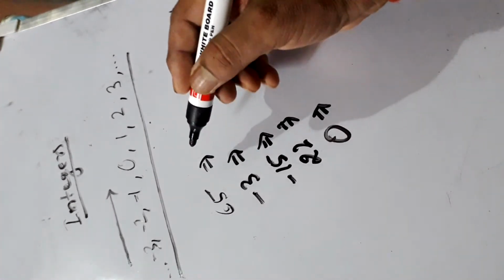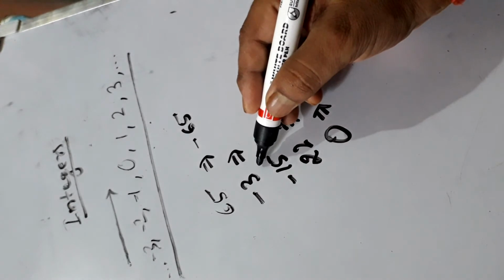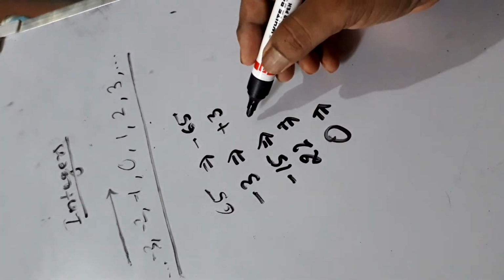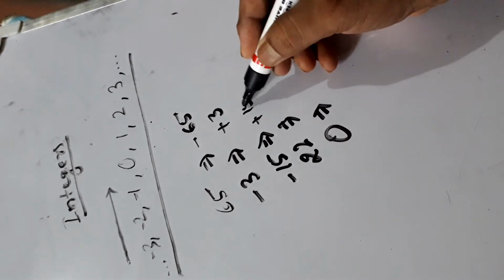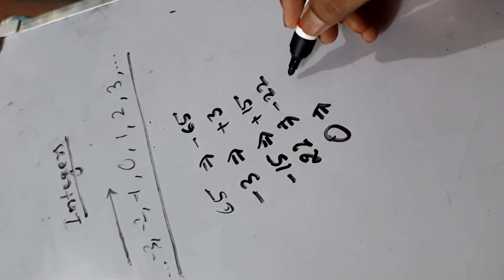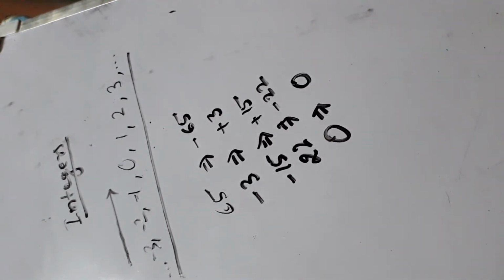Here 65, its additive inverse will be -65. This is -3, its additive inverse will be +3. This is -15, its additive inverse will be +15. 22, it will become -22. 0 has no sign, we can put right here 0. Additive inverse of 0 is 0.